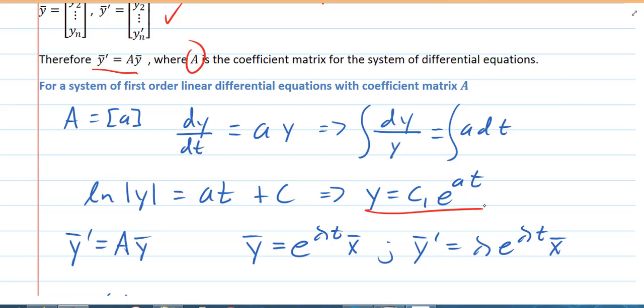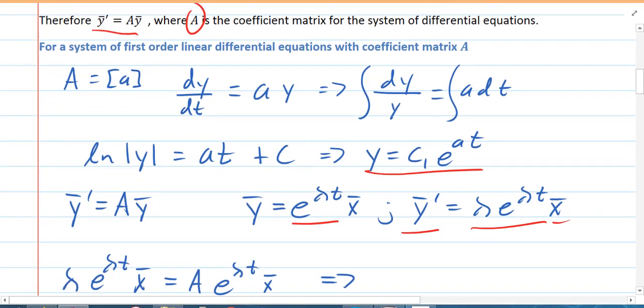Remember, I'm looking for functions of t, so y sub 1 will be e to the lambda t, and x bar is just constants. Since it's just constants, then the derivative, y bar prime, is what? Pull down the lambda, because the derivative of e to the lambda t is lambda e to the lambda t, and the x bar is just scalar constants. They stay in place.